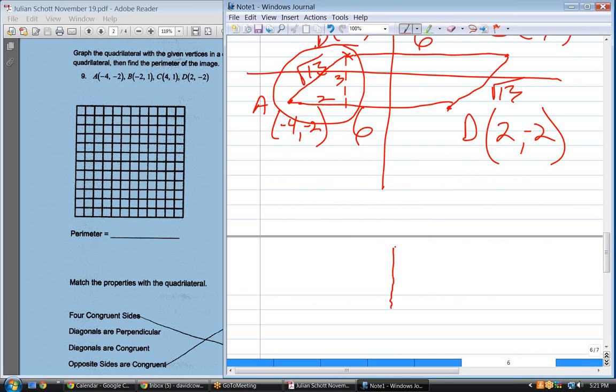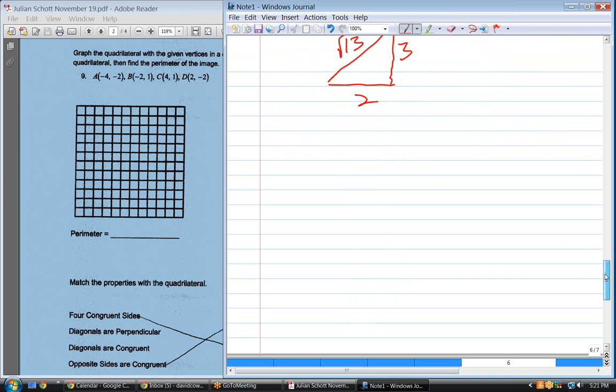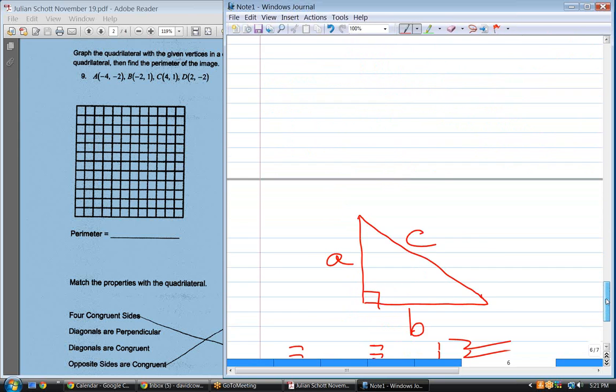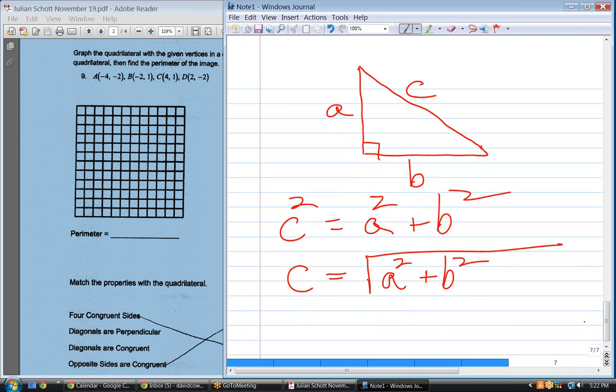So 2 squared plus 3 squared? Yeah, the square root of that. In other words, this side is 2, that side is 3, so this side here squared has to equal the sum of the sides squared. If I make this square root of 13, now c squared is equal to a squared plus b squared.